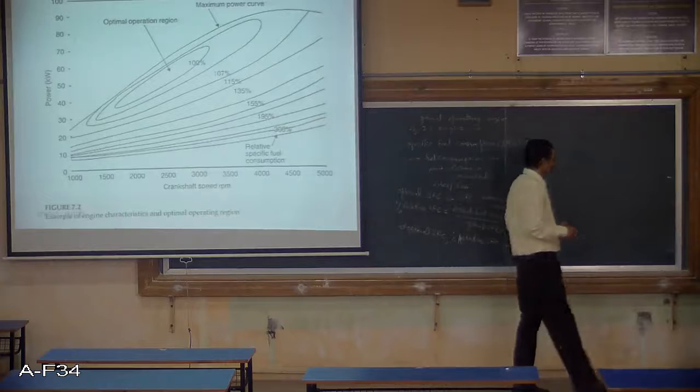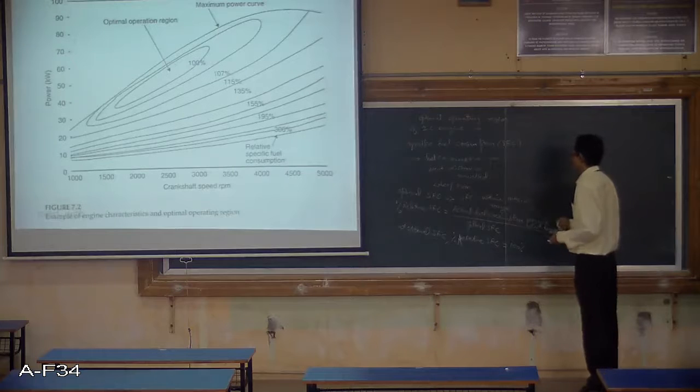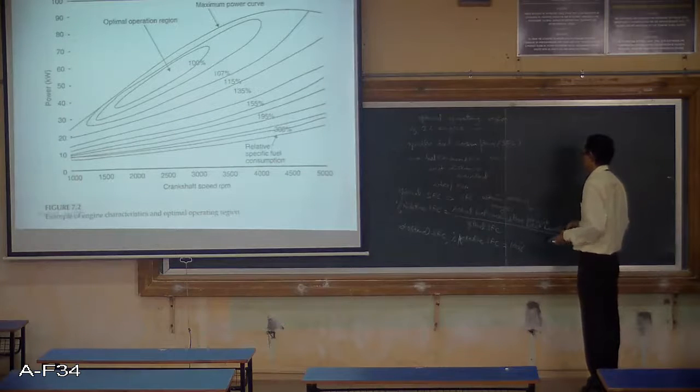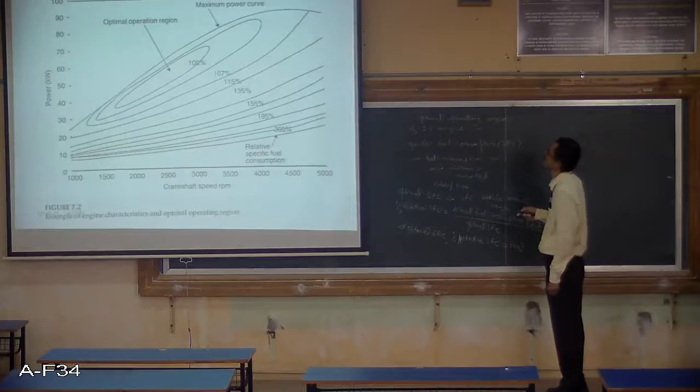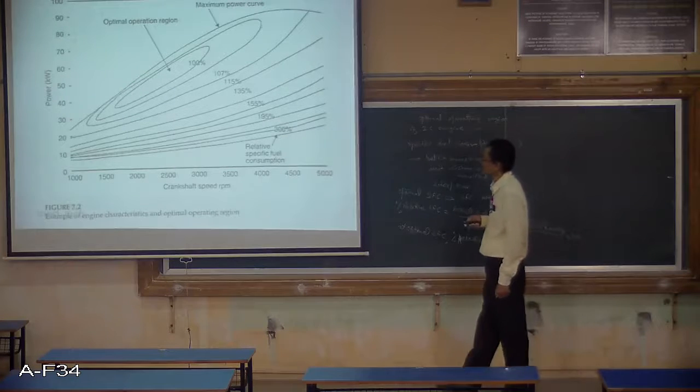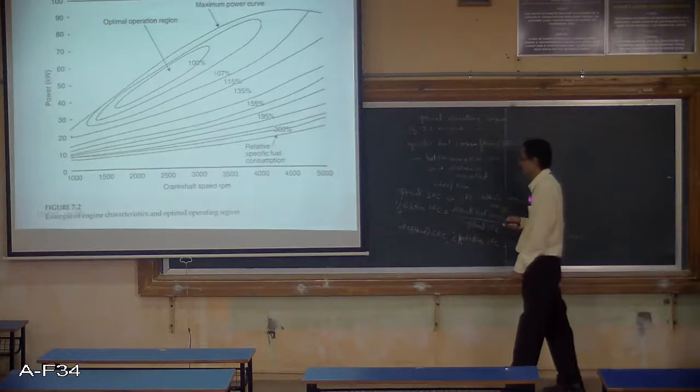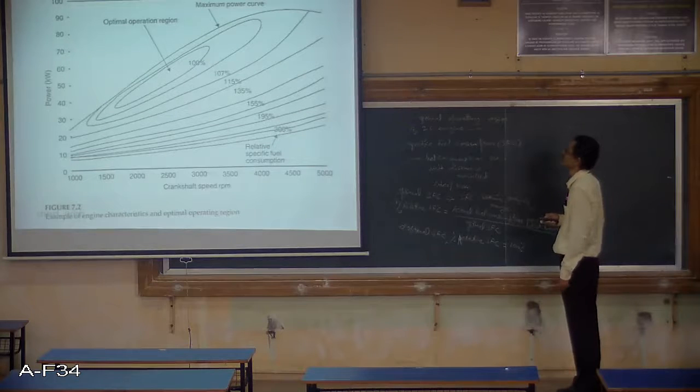Okay, so when you are operating the IC engine at optimal specific fuel consumption, you get relative specific fuel consumption as 100%. So this is the 100% part which is done here. So this is the elliptical portion in which if you operate the engine, it will operate under maximum efficiency conditions.